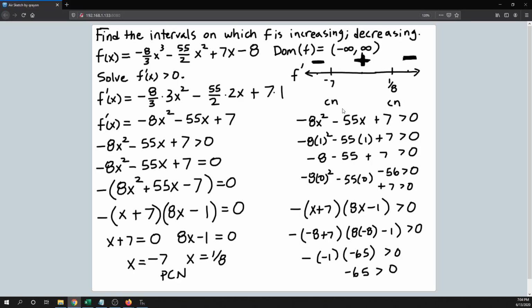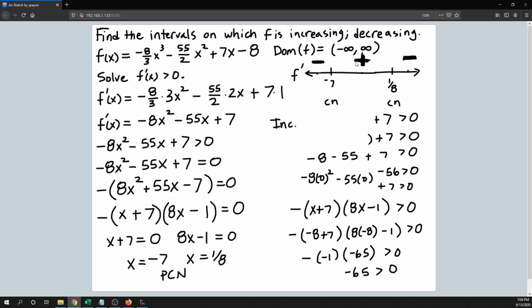All right, so I'm going to make a little room here. All right, so now for the answer for increasing, remember the function is going to be increasing where the derivative is positive, right?